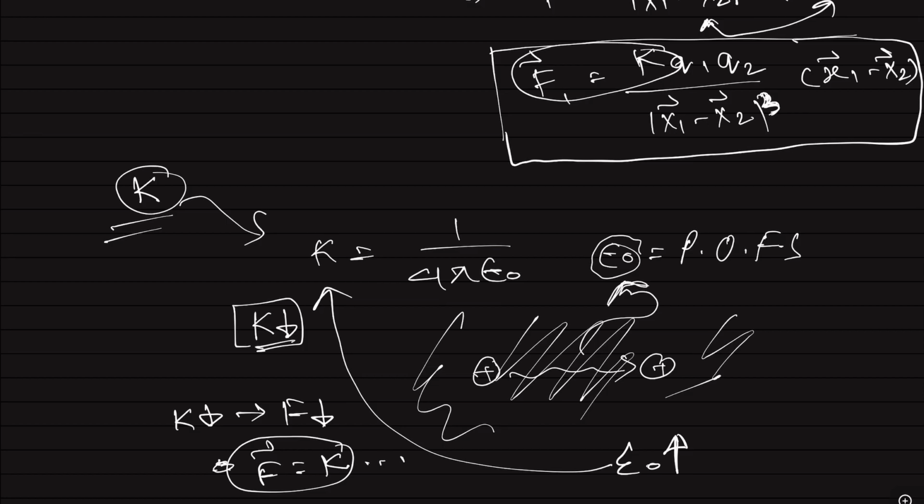So if k is low, F is low. So if permittivity is high, the force will be low, and it's quite obvious, isn't it? It's trivial. Resistance is high, then the force will be low.